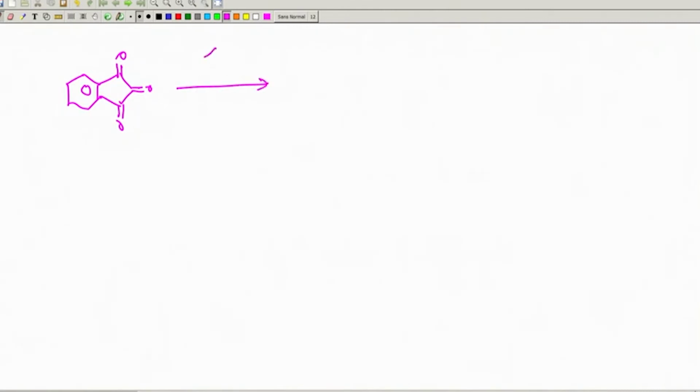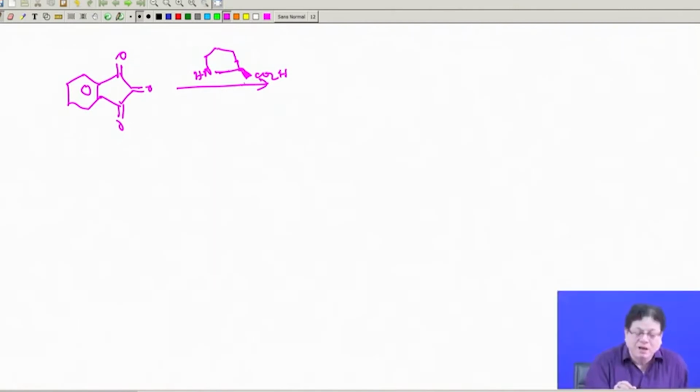Now, proline has a structure which is represented by this, and the correct stereochemistry is CO2H, of course, but this reaction does not depend on the stereochemistry. It gives the same color irrespective of whether you use L amino acid or D amino acid. That is an important point, but here we are showing the L amino acid. This is 1, that is 2, and that is 3, hydrogen being alpha. So, this is S.